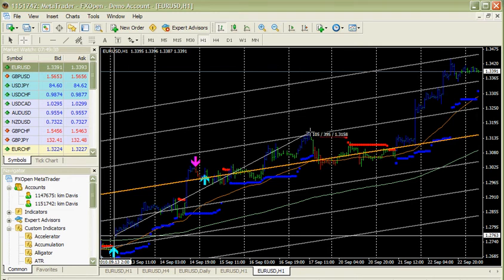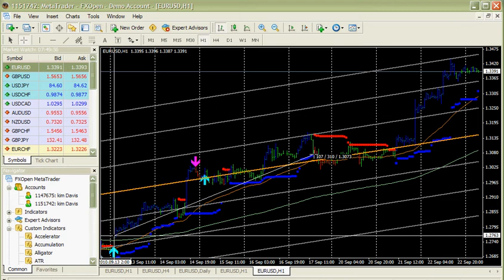If you don't have that much patience, you can exit earlier. 289 pips, that's not too bad at all. But if you continued on the trade and followed the system, you would probably exit here with a 300 pips profit.